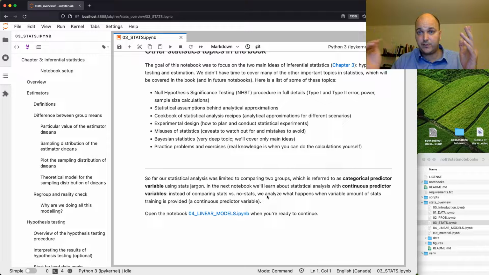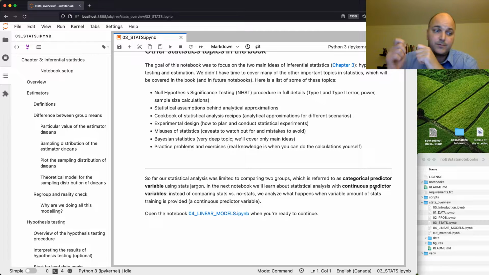What if we want something continuous in between them, like 0 hours, 10 hours, 20, or an effect size, not just all in or 0, but smooth? That's called a continuous predictor. In other words, the experiment is not just on or off, but like a smooth control knob.